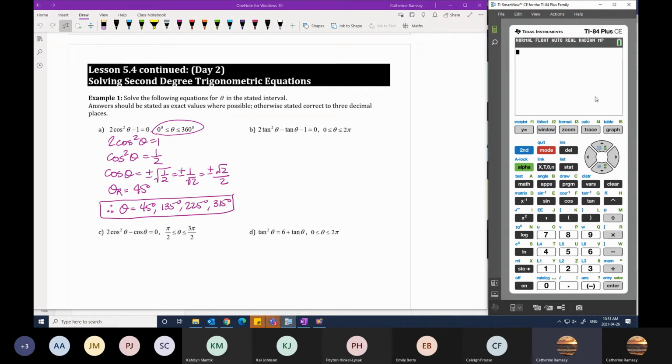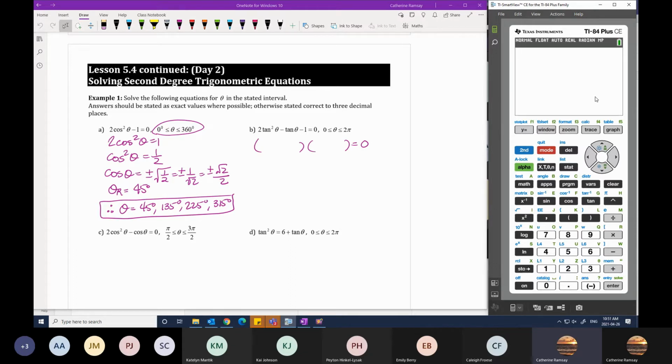So the next one is 2 tan squared theta minus tan theta minus 1 equals 0. If you're having a little bit of trouble factoring this, on a scrap piece of paper, you could use X to try to factor, but you should get used to factoring with the tan thetas in it. So again, if you solve by factoring, make sure you don't drop your equals 0, and if there is something on the other side where you don't have it equal to 0, make sure you move it over.